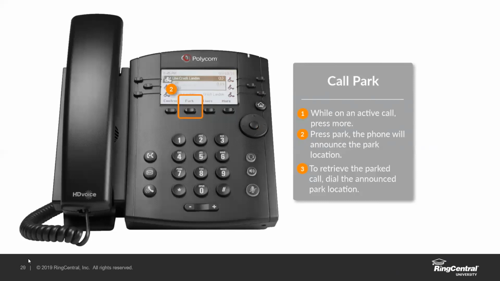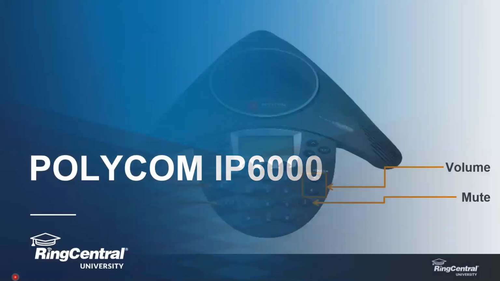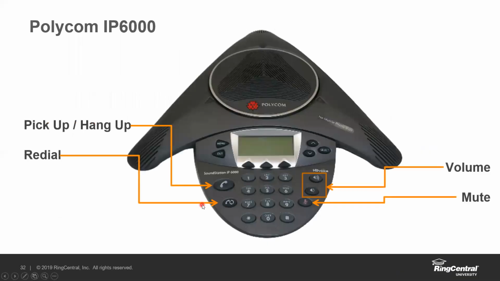So moving on, let's take a look here now at the IP6000. This phone is pretty straightforward, and there's some overlap between the two, but your key features here are your pickup and hang up button, your redial button, your volume controls, and then your mute.